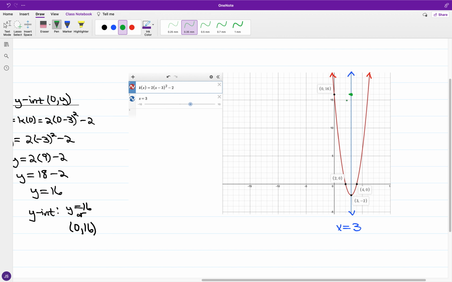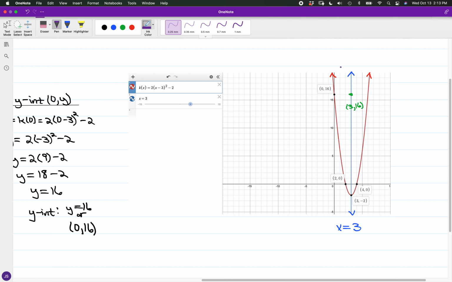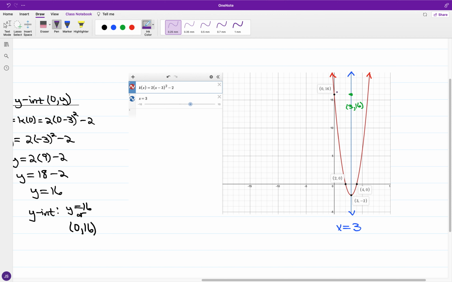So on the axis of symmetry, again, we have 3, 16, and we have as a point to the left the y-intercept 0, 16. So this is going to be 3 places to the left.